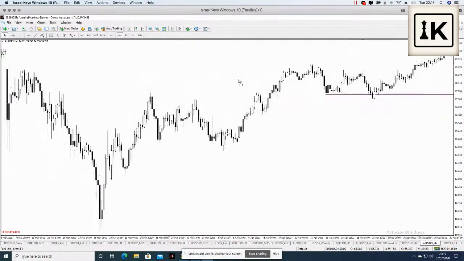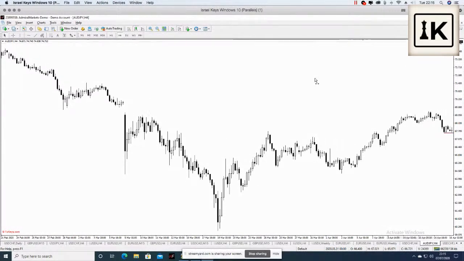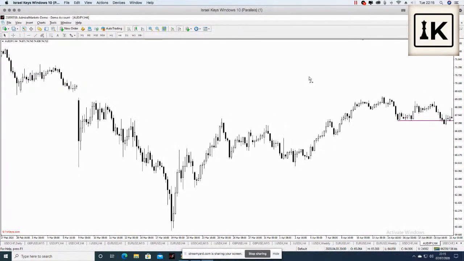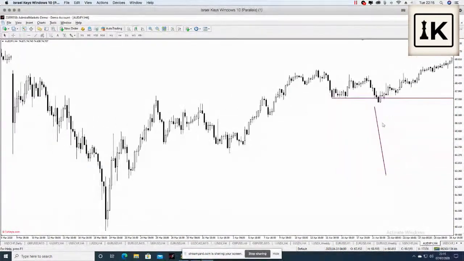All you know is that here a low forms, right? And then here that low is blown out. For all you know, price could keep going south. So you don't know anything better yet. However, when price turns around and gives you a bullish market structure break, right?